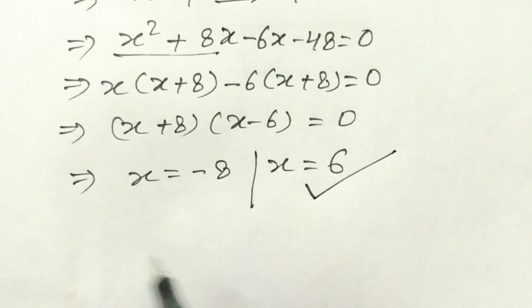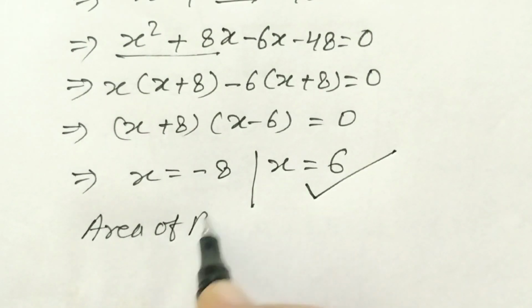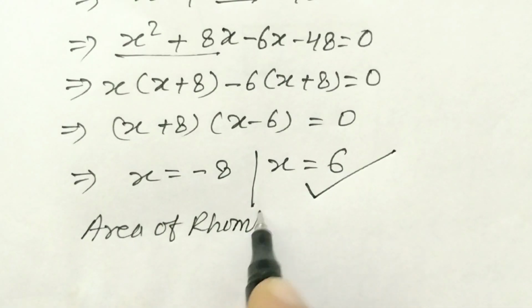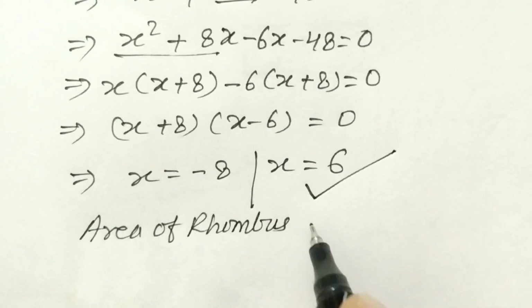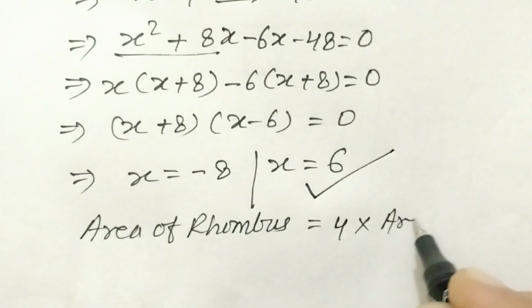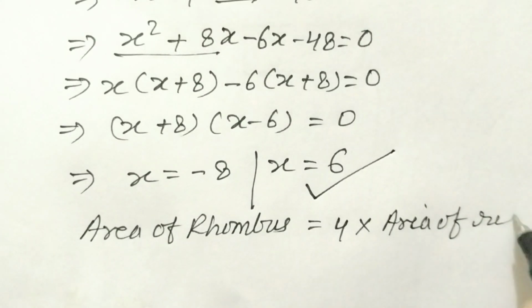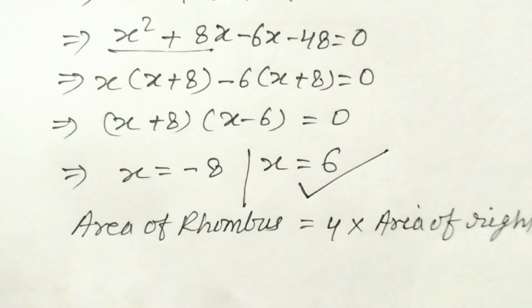Now the area of the rhombus is equal to 4 into the area of the right angle triangle.